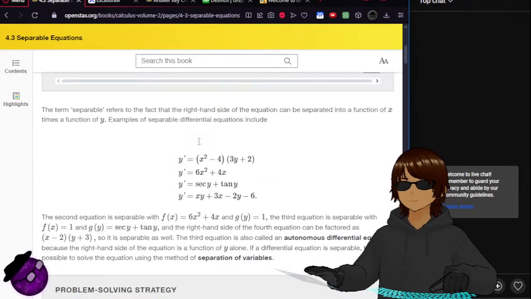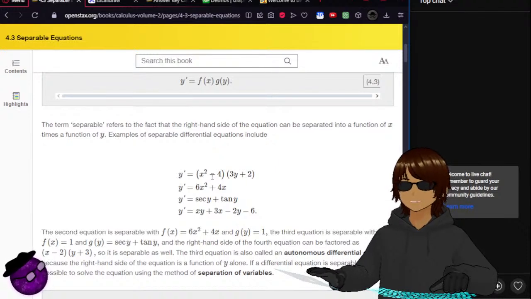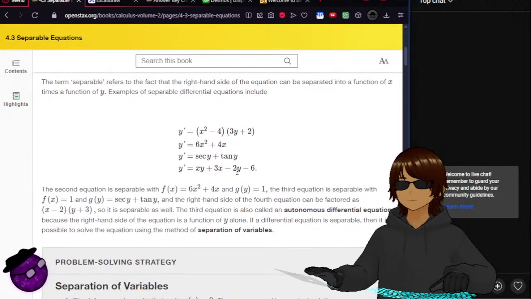Examples of separable differential equations include x squared minus 4 times 3y plus 2, only x over here, only y over here, and then this one.